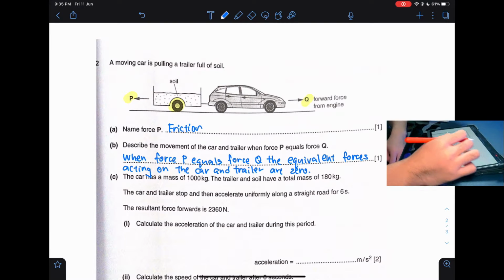This also means that the acceleration is also 0.